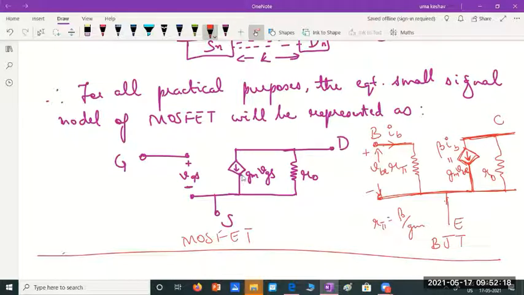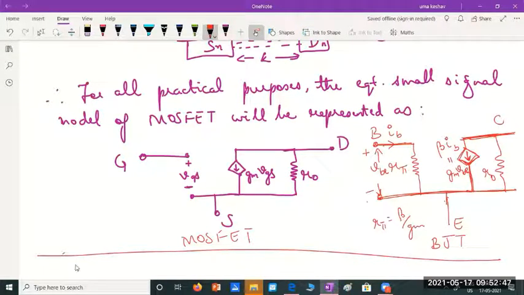You have a dependent current source which depends on the input voltage in a MOSFET. The dependent current source here can depend either on the input voltage or input current. I can write this dependent current source equation either using Gm VBE or beta IB. Both are one and the same. We have proved this. And there will always be some medium to large output resistance.